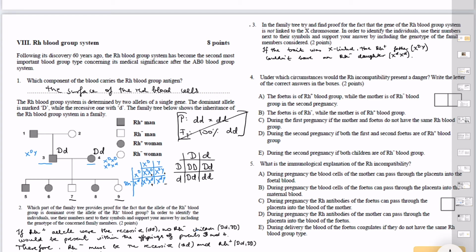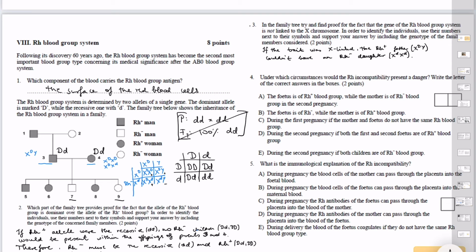Typically, it's not dangerous for the first pregnancy or for the first baby, but during delivery, the Rh negative and the Rh positive blood get mixed, and that will initiate the mother's body to make antibodies against the unknown substance, against the Rh positive cells. And during the second pregnancy, it can cause severe damage. Now, luckily, doctors can use special treatment in order to basically avoid this kind of incompatibility.